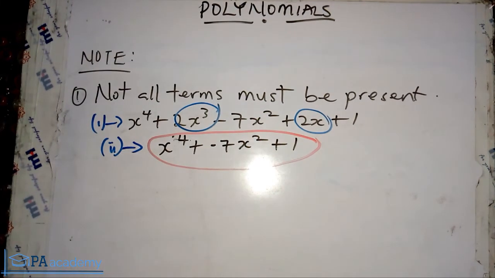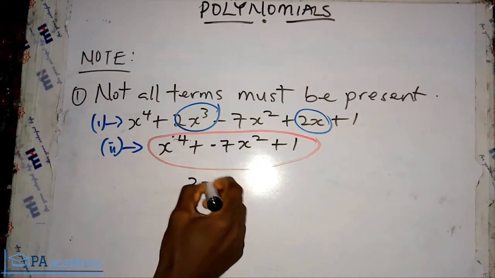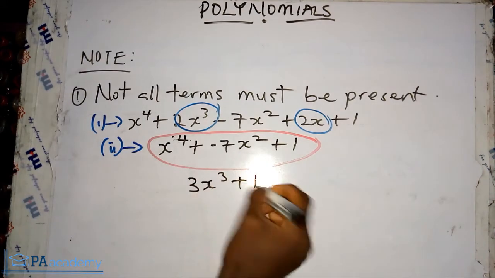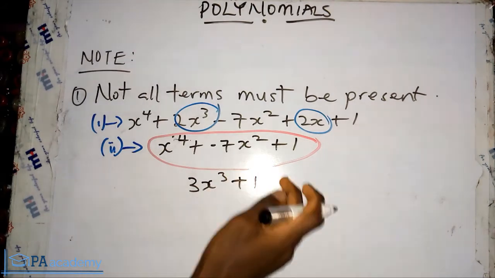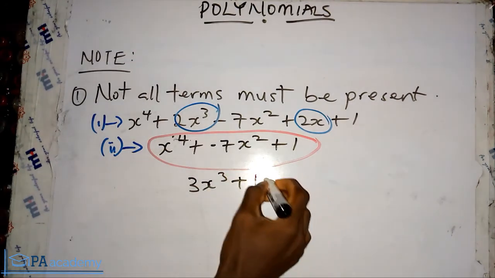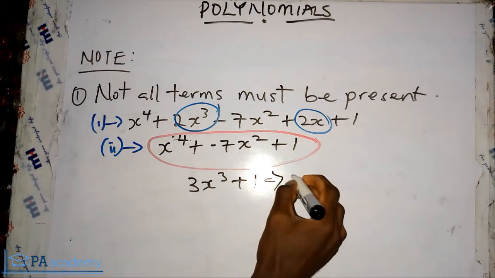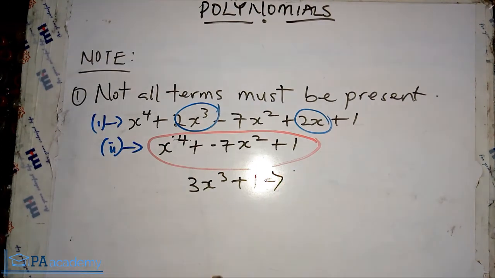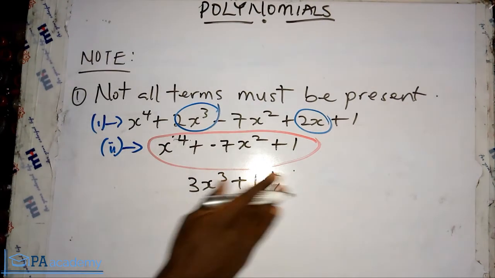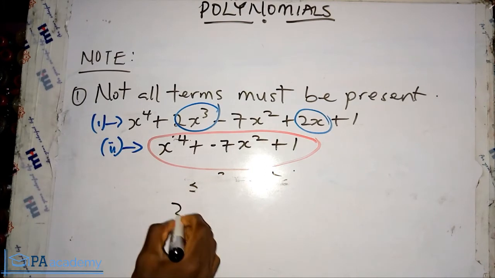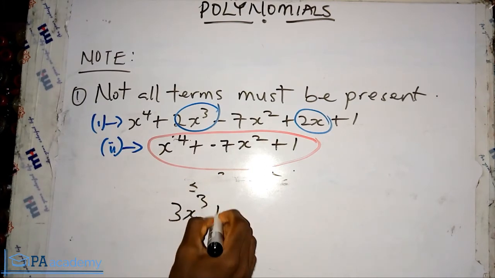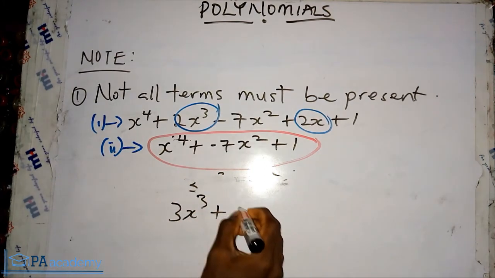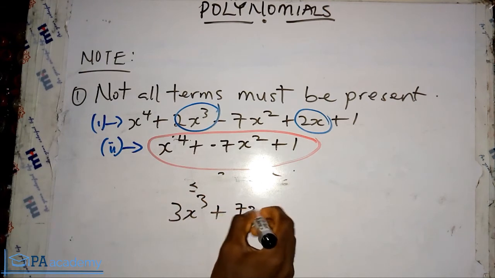So when we start solving examples, you'll see something like this, whereby you can just come across something like 3x raised to the power 3 plus 7x. You can see there's no x squared term. So in a situation like this, we can just assume it to be, okay, let me come down a bit. So that will be 3x cubed plus 7x.